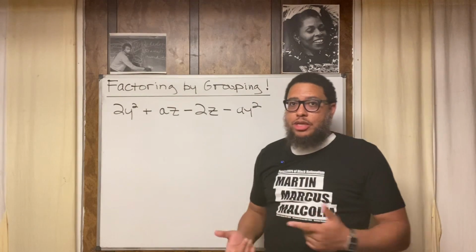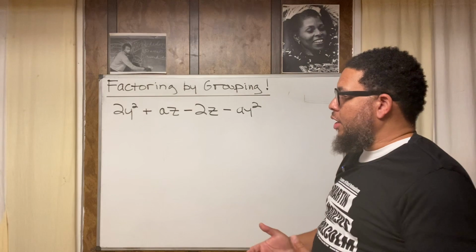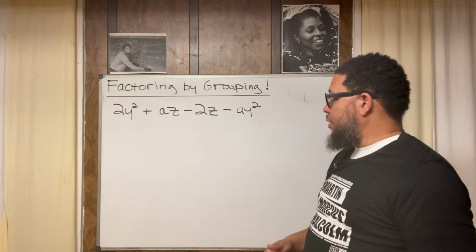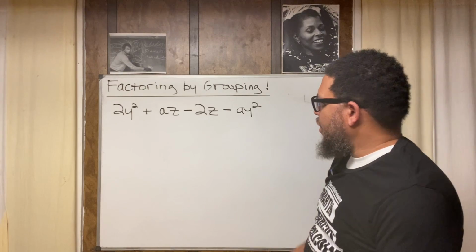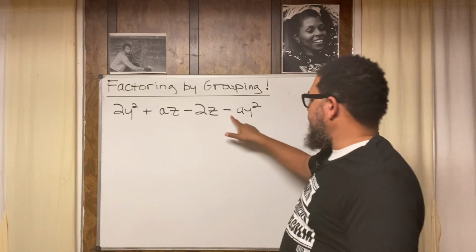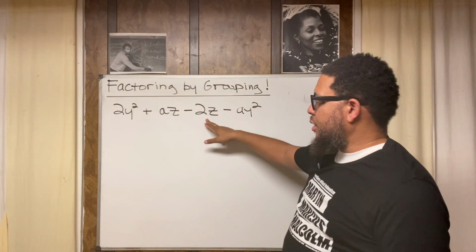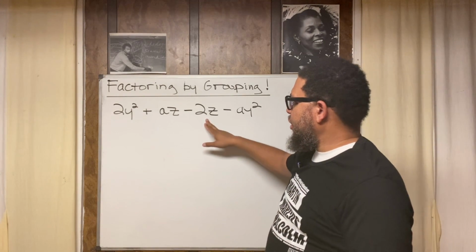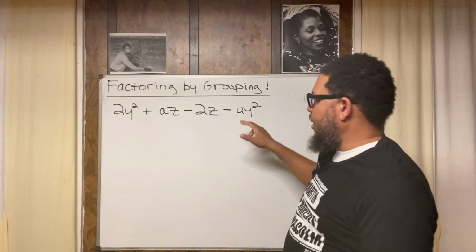But that's why you also have to take a step back, look at all 4 of your terms and say, what if I rearrange some things? What if I put this 2y squared with this negative ay squared, and this az with this negative 2z? Or what if you put this 2y squared with this negative 2z, and the az with the negative ay squared?